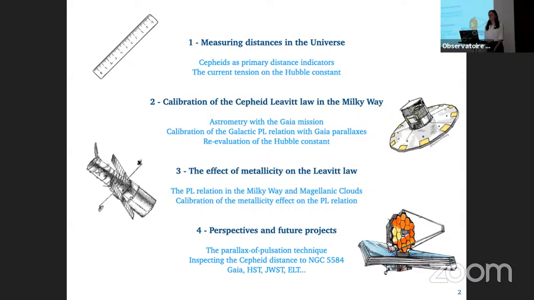The second result of my thesis is the calibration of the metallicity effect on the PL relation by comparing its calibration in the Milky Way and the Magellanic Clouds. Finally, I will conclude by mentioning 2 recent papers and by giving some perspective for future improvement of the distance scale.